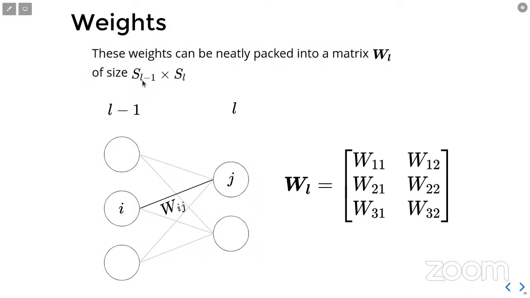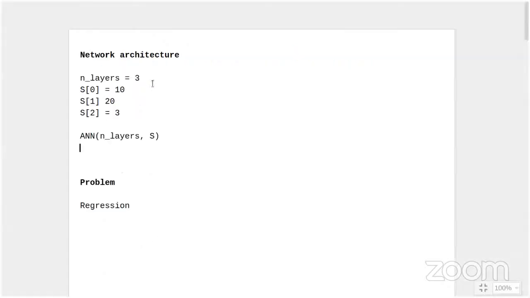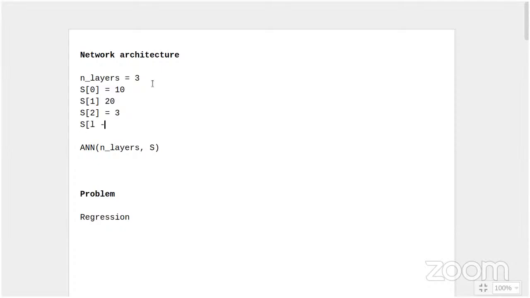So that is the advantage. Whatever S of L minus 1 we say, that will carry over. So it would be S of L minus 1 comma S of L. So if you look at them as NumPy arrays, your weight matrix for layer L will be equal to this.